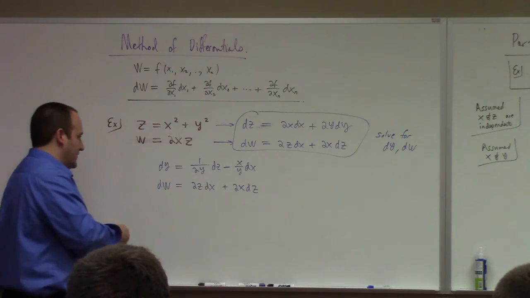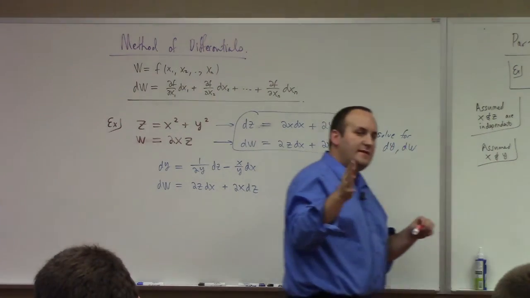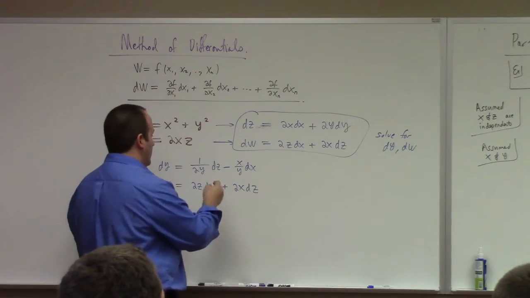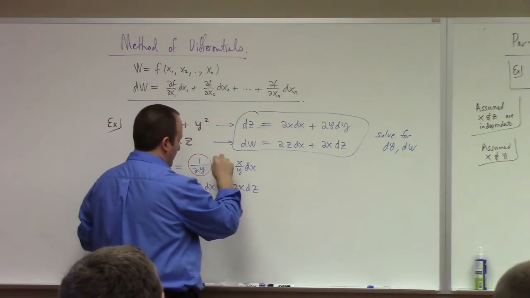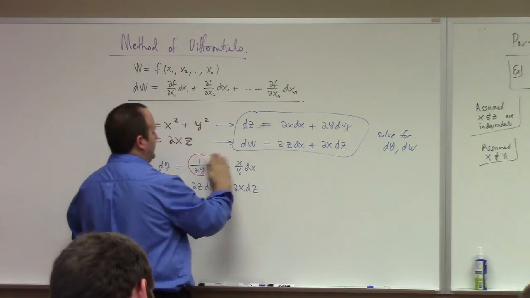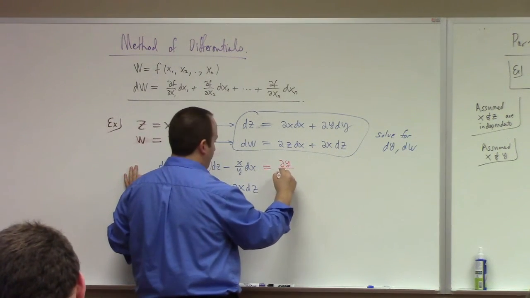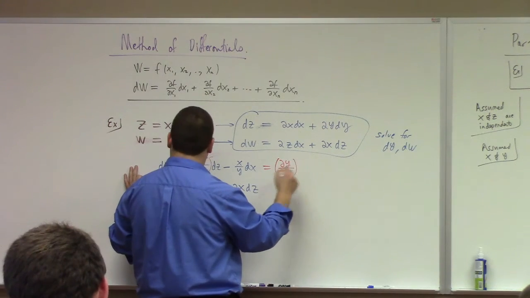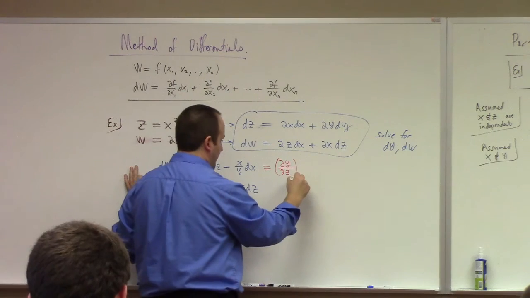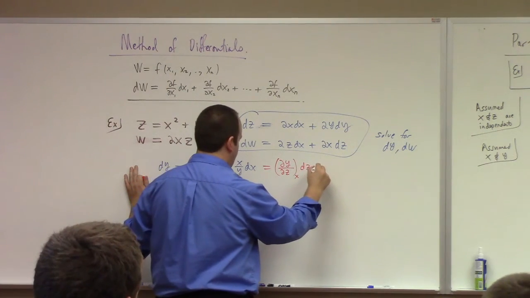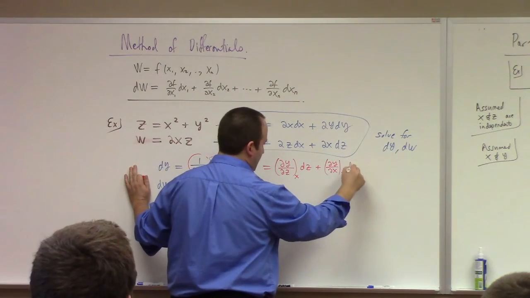So here's the awesome thing. Once you've done this, you can immediately read off partial derivatives. Whatever's here, all right? Let me just rewrite it symbolically. This will equal partial y, partial z, holding the other variable x fixed, dz, plus partial y, partial x, holding z fixed, dx.